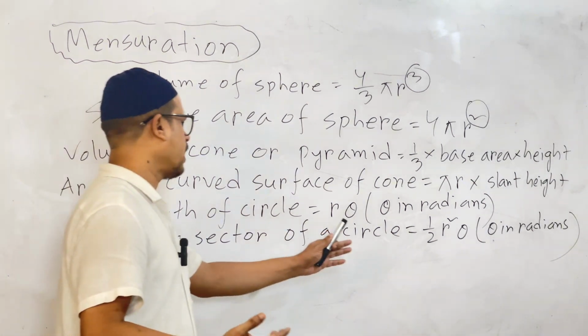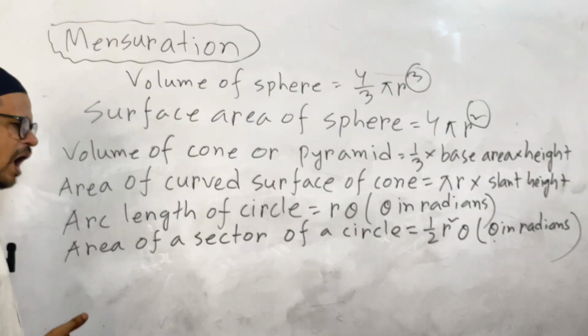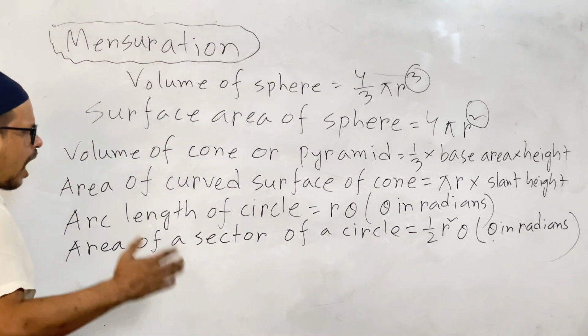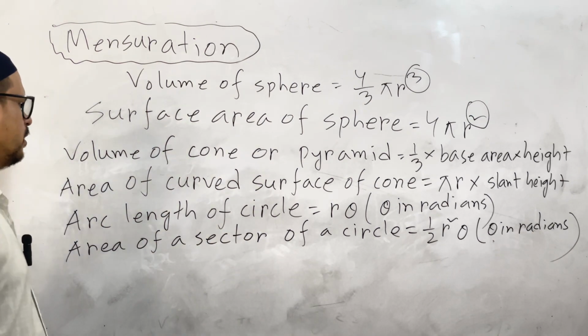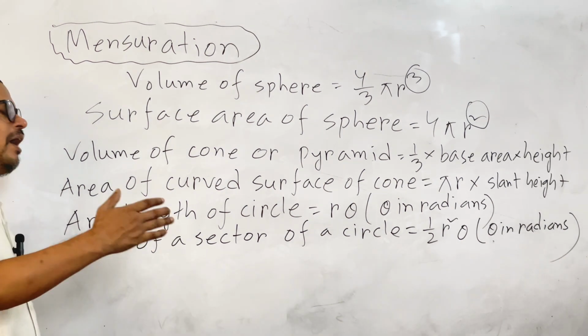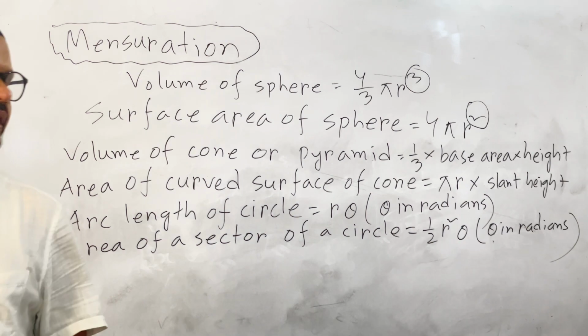And r theta, where theta is in radians, is used for the arc length of a circle, and half r squared theta for the area of a sector of a circle.